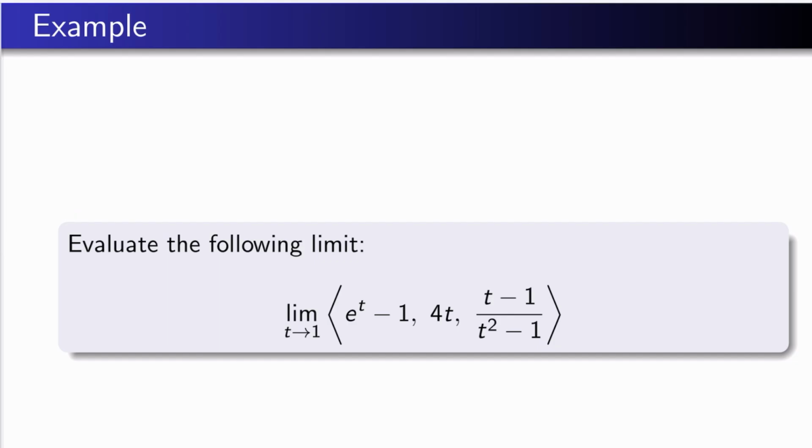With our first example, we have to evaluate the limits of e^t minus 1 for i, 4t for j, and t minus 1 divided by t squared minus 1 for k. So here we are going to take the limit of the i component, that's e^t minus 1, and that of the j component, that's 4t, and that of the k component.